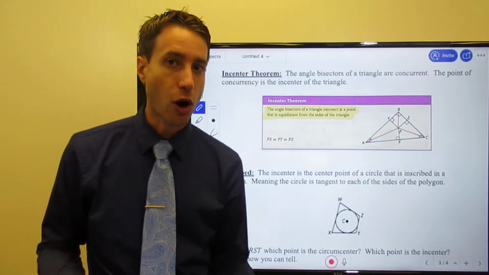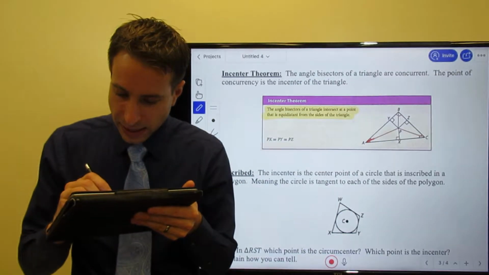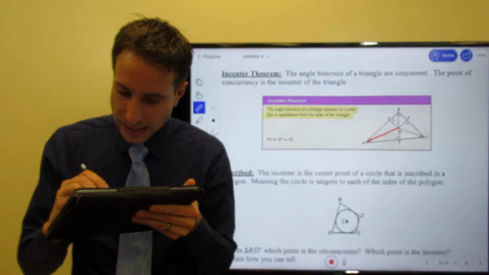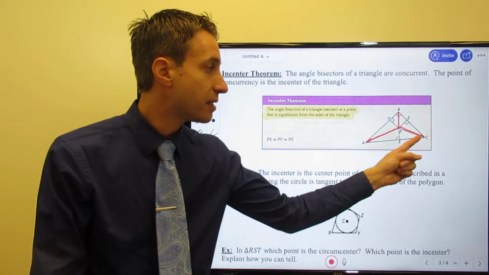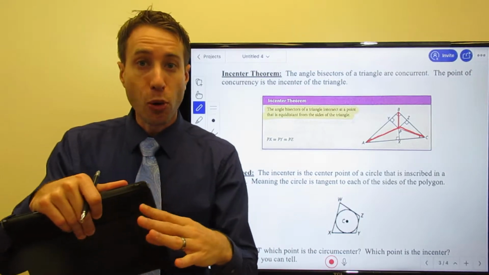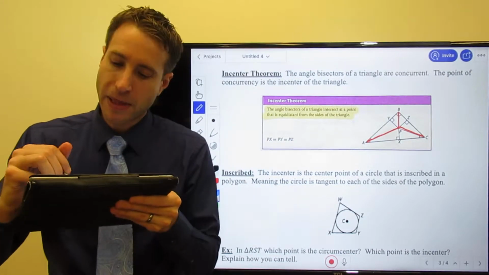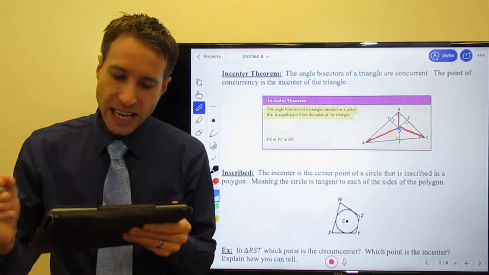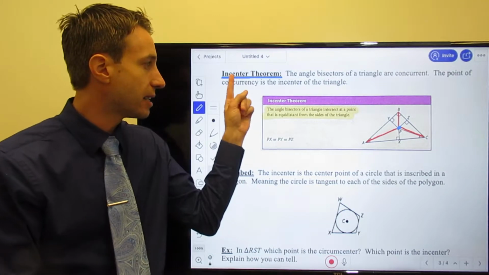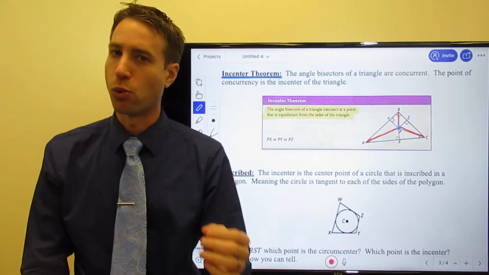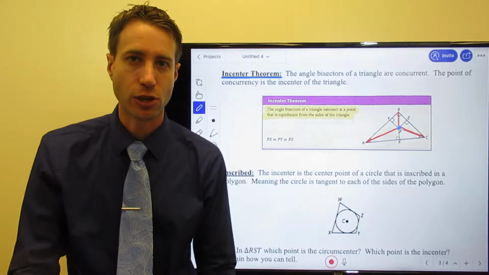I'm going to draw 3 angle bisectors: the angle bisector of A, the angle bisector of B, and the angle bisector of C. I'm looking for the point of intersection of those 3 angle bisectors. That point of intersection is what we call the in-center of a triangle, where the angle bisectors meet.